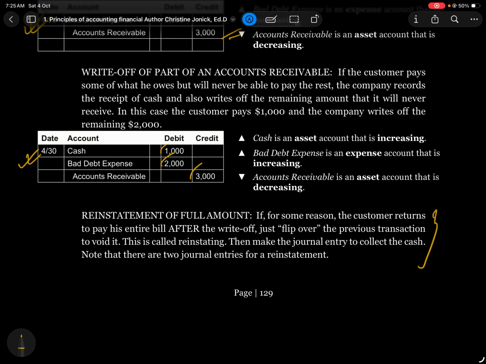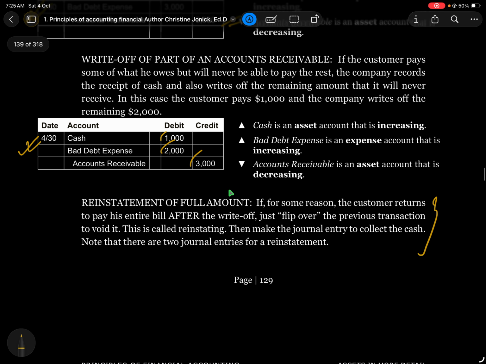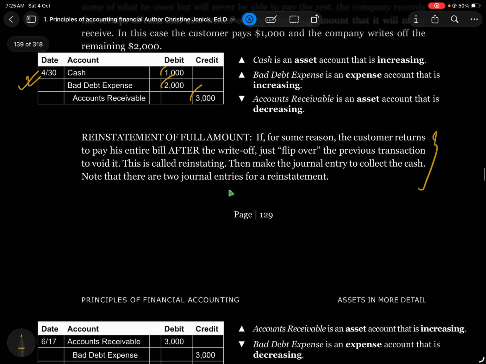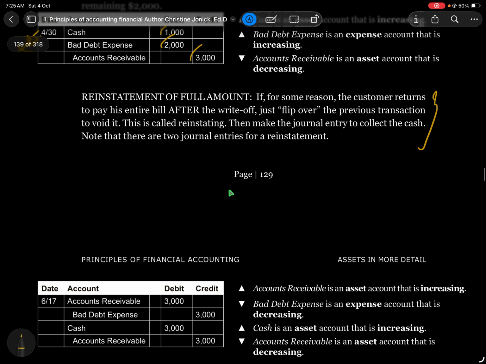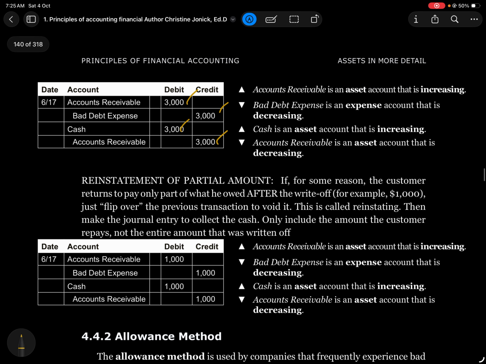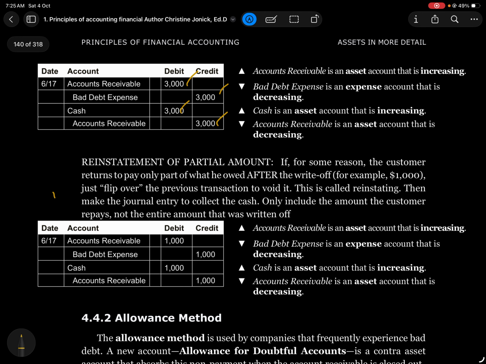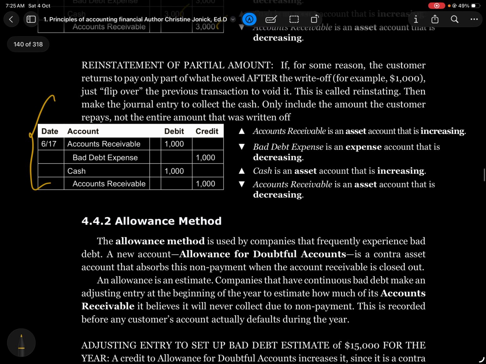But if the customer pays off the write-off, we will need to flip over the previous transaction. In that scenario, we would book an AR of 3,000, and we would get the cash 3,000 and then credit receivable of 3,000. Similarly, it's just reversing that transaction.